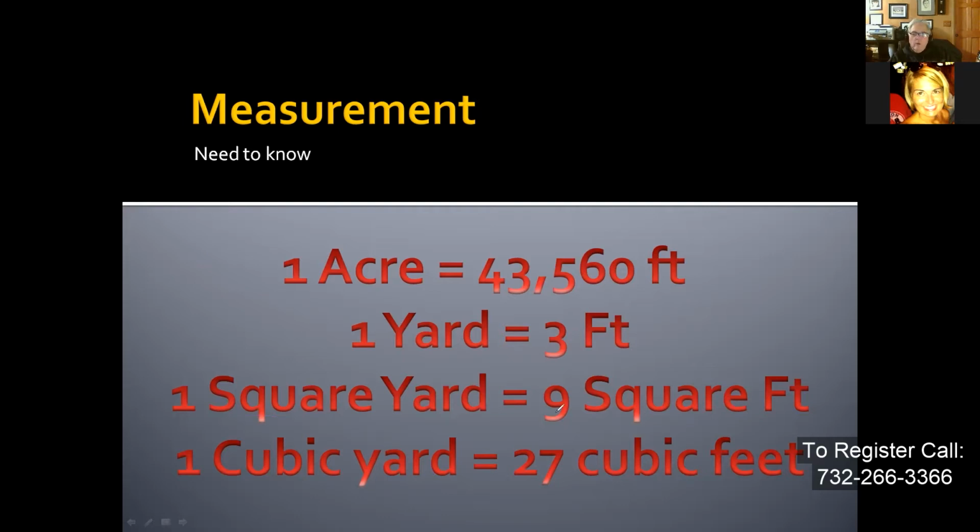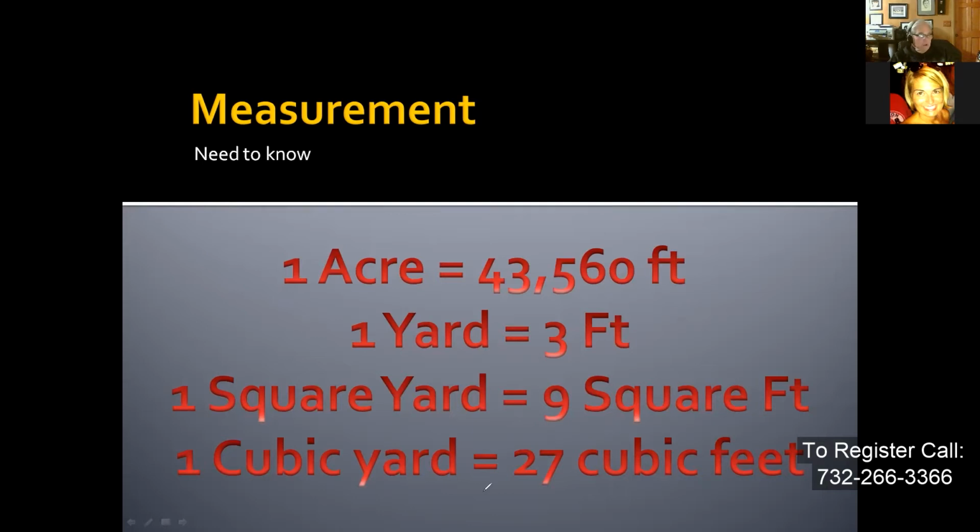So 1 square yard equals 9 square feet. And you can kind of see how the conversions go. 1 yard is equal to 3 to the first power, so 3 feet. 1 square yard is equal to 3 to the second power, because that's what the square is. 3 times 3 is 9. And 1 cubic yard is equal to 27 cubic feet. 3 times 3 times 3.